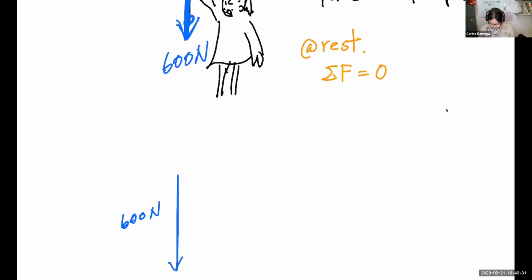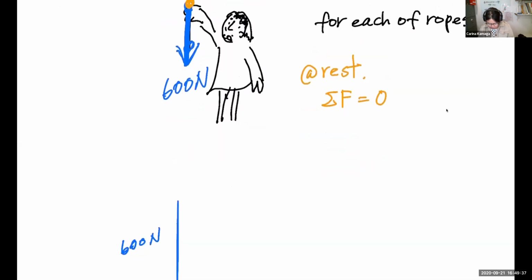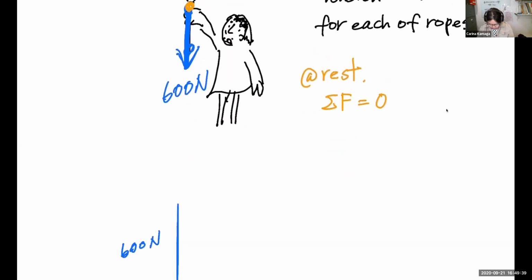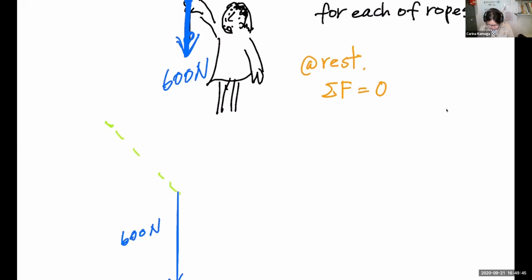The rope is pointing in, let's say, this kind of direction, and another rope is also pointing at a similar angle, like that.